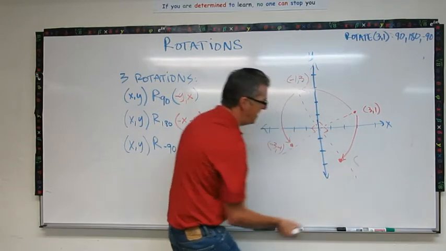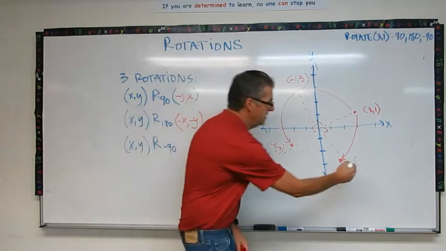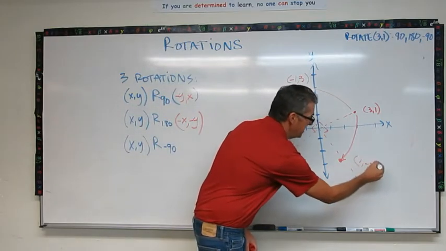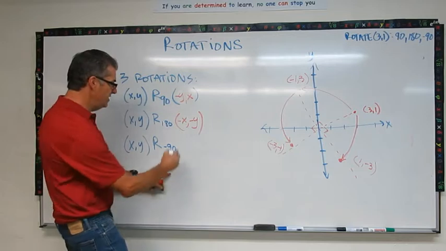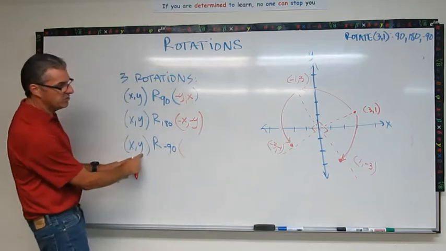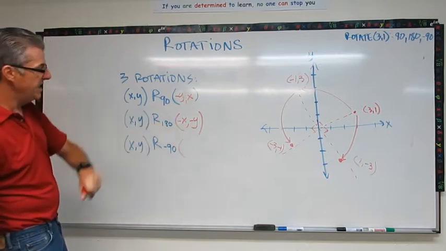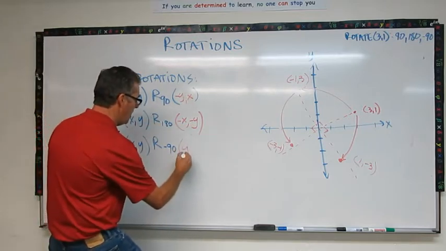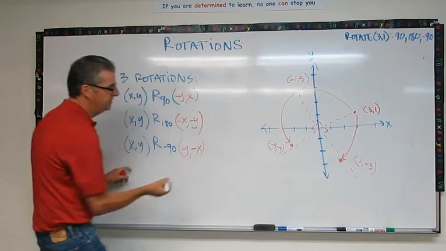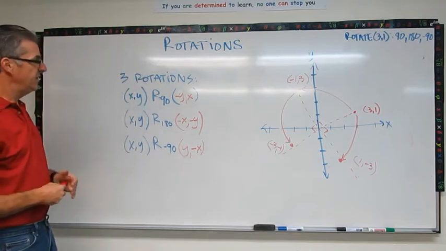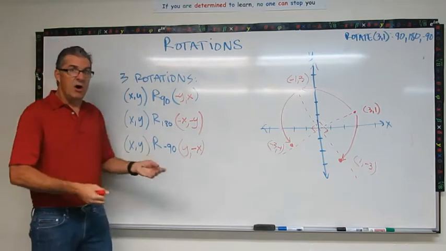And what point is that? That one is (1, -3). So now, what did we do to (x, y)? We switched them, and this time we made the y negative. So this becomes (y, -x). Okay? So that's our 3 rotations.